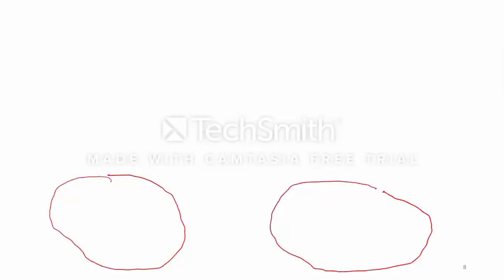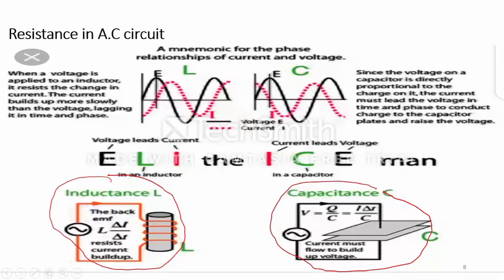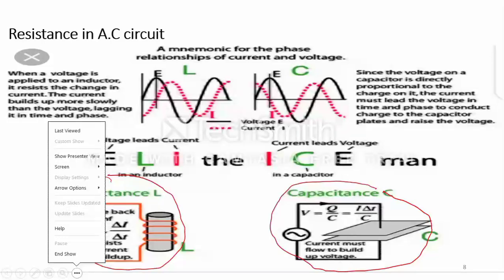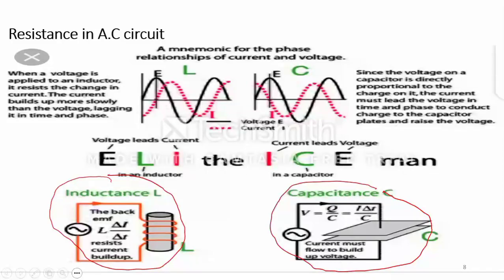Let me check other additional information for this statement. Okay, if you look at the statement here, it says for a circuit with a capacitor, current leads voltage.